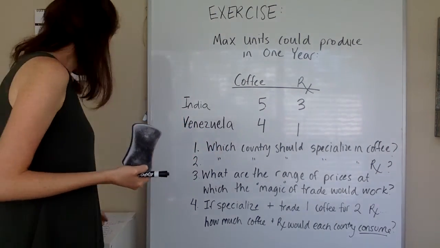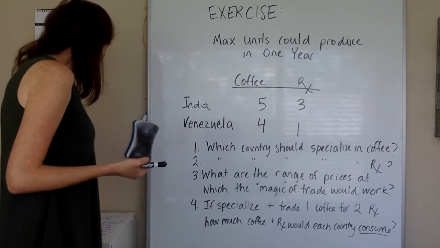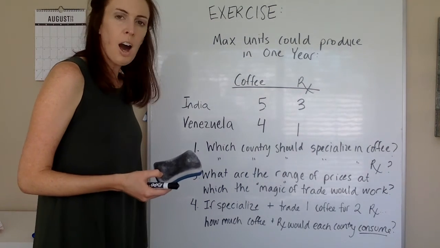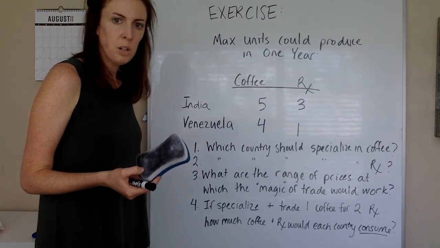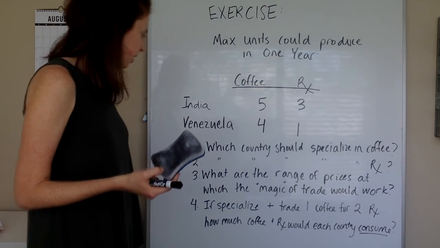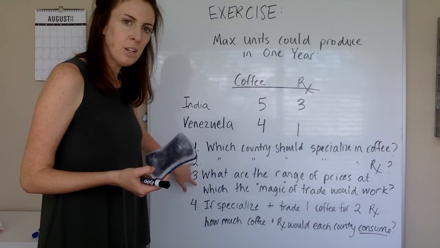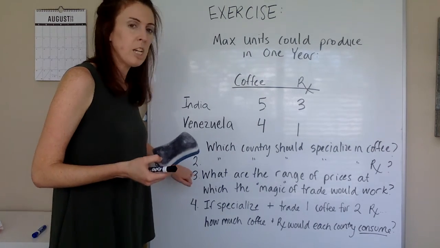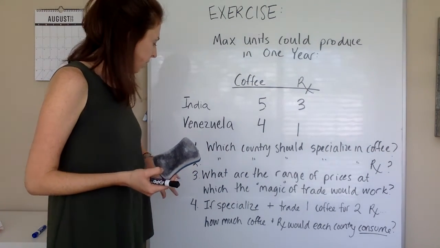So here, you can think about this in terms of how many units of coffees would have to be given up for each 1 unit of prescription drug. So make sure you go back and either you check your notes or you recalculate the opportunity costs, and then think about what range of prices would be sufficient.